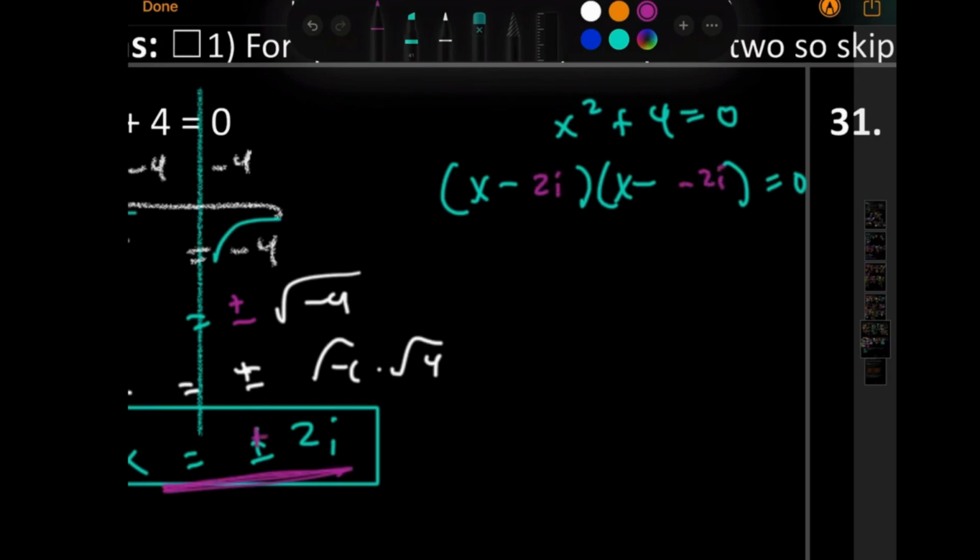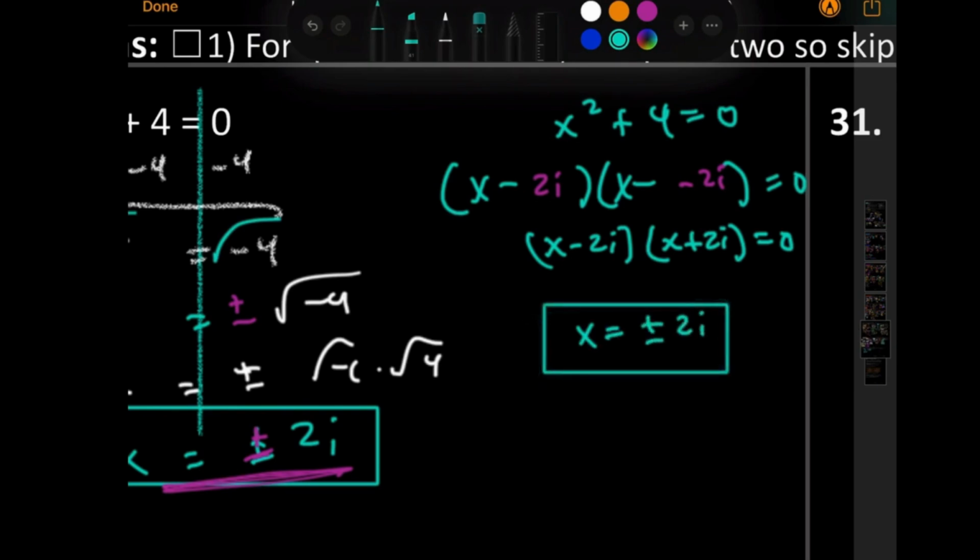Because it has plus, it has minus. So that's my factored form. You can clean that up. And then you just do the same thing we just did. Separate it, set it equal to 0, and solve. Remember, that just means two solutions, right? It just means 2i, negative 2i.